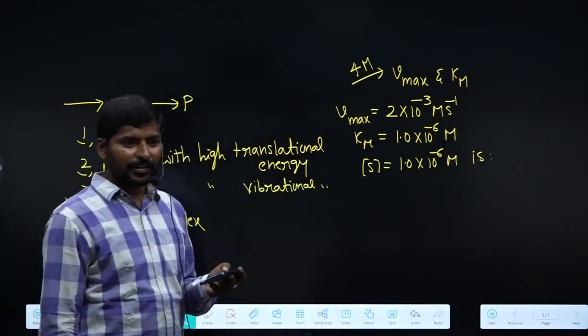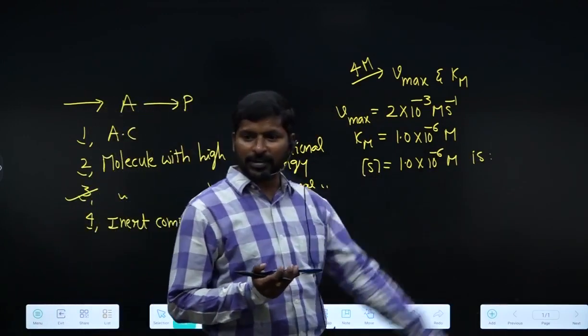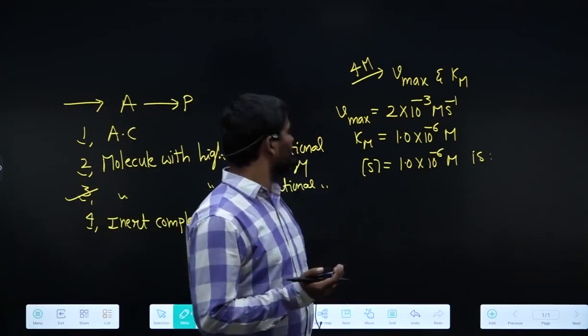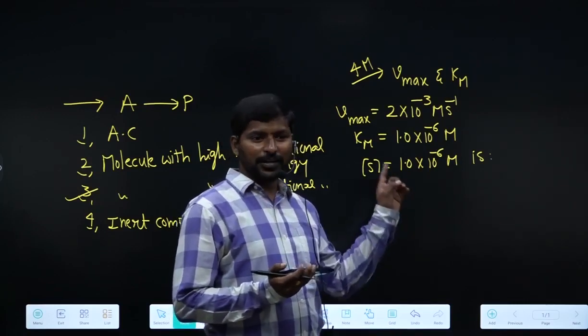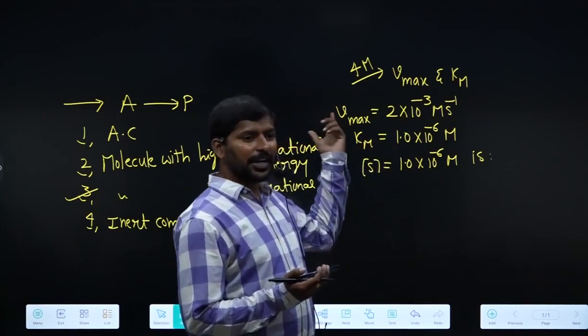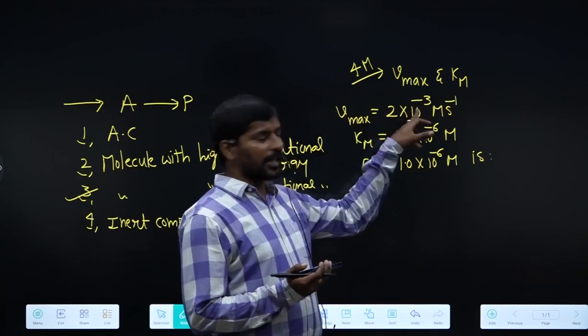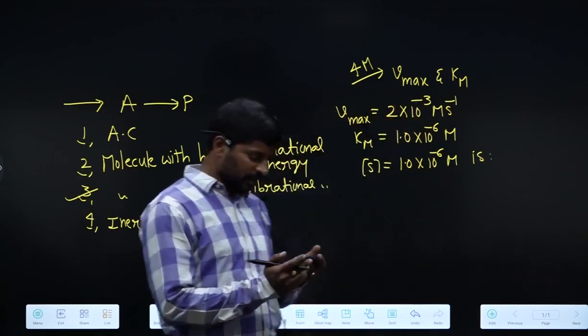Directly we can guess. What is the rate if the concentration of substrate is 1 into 10 power minus 6 m? 2 into 10 power minus 3? 1 into 10 power minus 3. Here concentration of Km and S are same, so the rate obtained is nothing but half of the maximum rate. That means 1 into 10 power minus 3, and that is the rate.